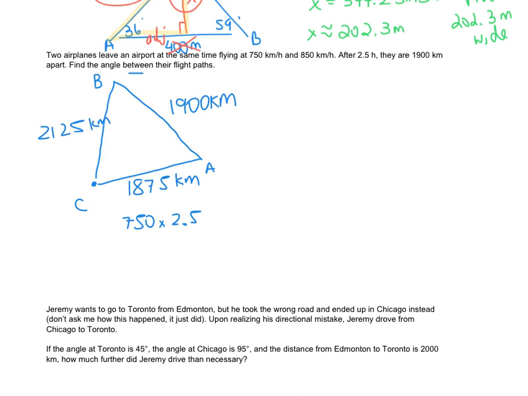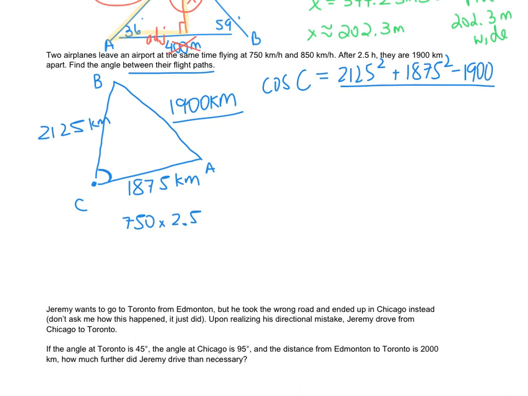And I'm looking for the angle between their flight paths, which means I am looking for angle C. And I am going to use the rearranged version of cosine law. And because I'm looking for angle C, I'm going to be subtracting side C at the end in that numerator, which is that 1900, which means I'm going to have 2,125 squared plus 1,875 squared, subtract that 1900 squared.